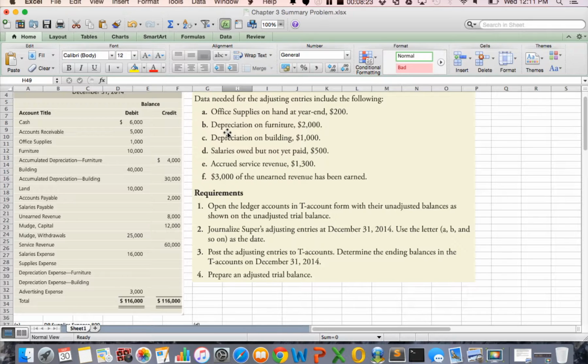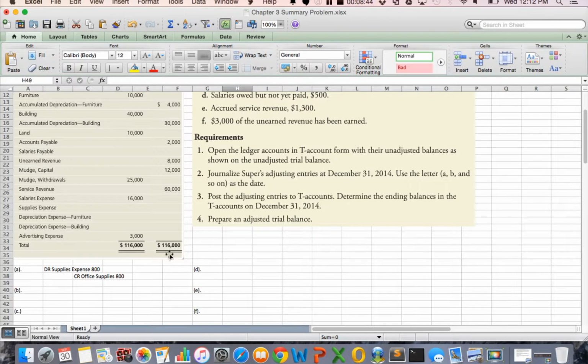So instead of just depreciation expense, I look at my accounts, and over here I see that I have actually specified between depreciation expense furniture and depreciation expense building. Okay, since this question is asking about depreciation on furniture, should be pretty obvious which of those two I'm going to use. Likewise, with accumulated depreciation, you see that I have that separated between accumulated depreciation furniture and accumulated depreciation building.